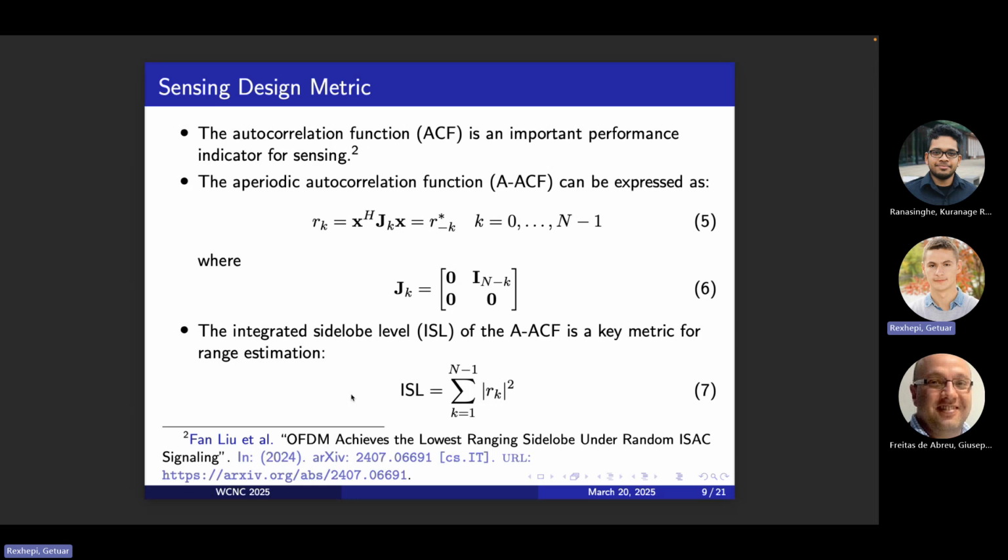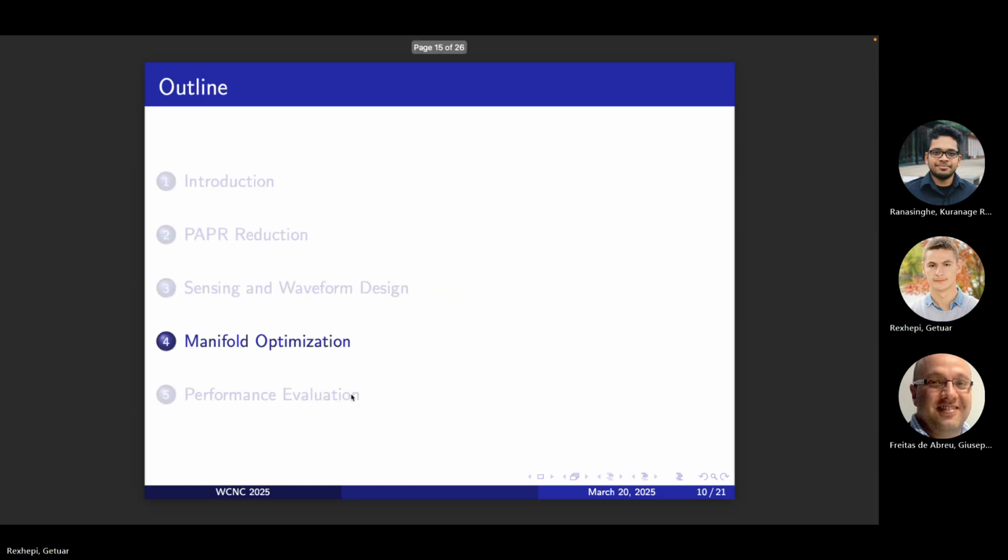Now, theoretically, this ISL can be 0, but in practice, it's close to it. Now that we defined OFDM, PAPR, and how to design good sensing waveforms, we present our problem and solution.